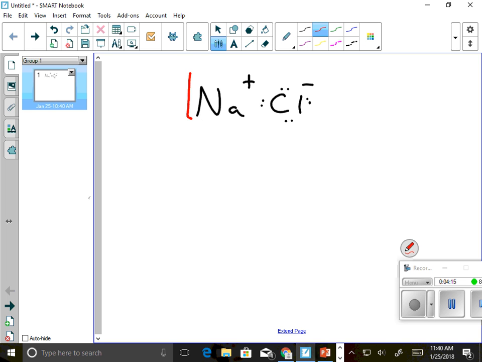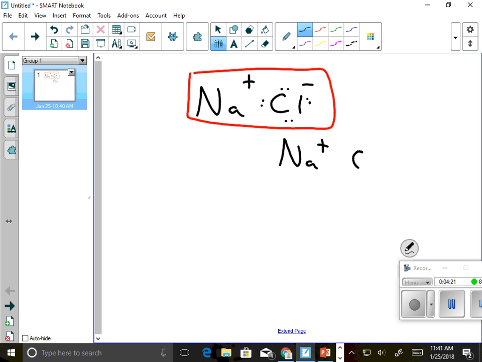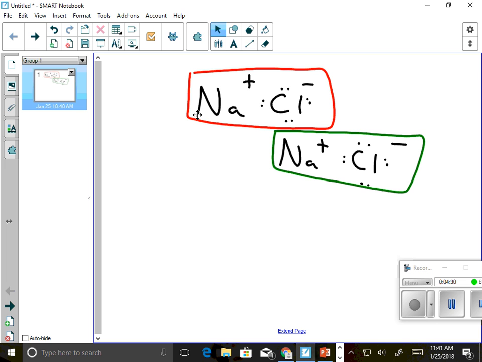So if this is one sodium chloride, this could be a second sodium chloride. And on that last slide of notes, the attraction between sodium and chlorine right here.